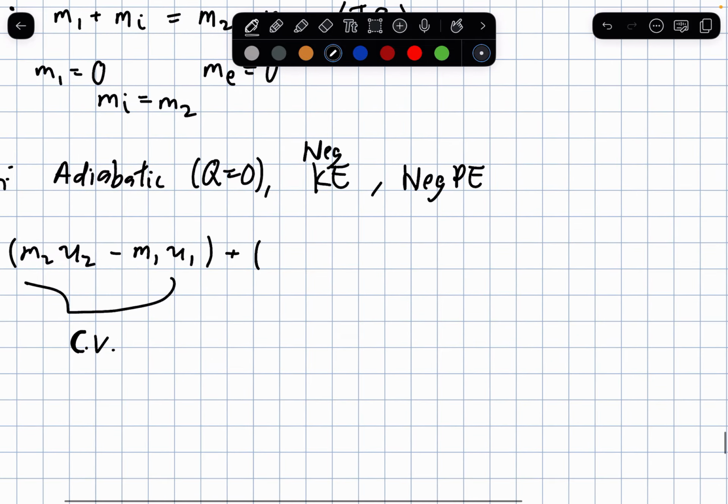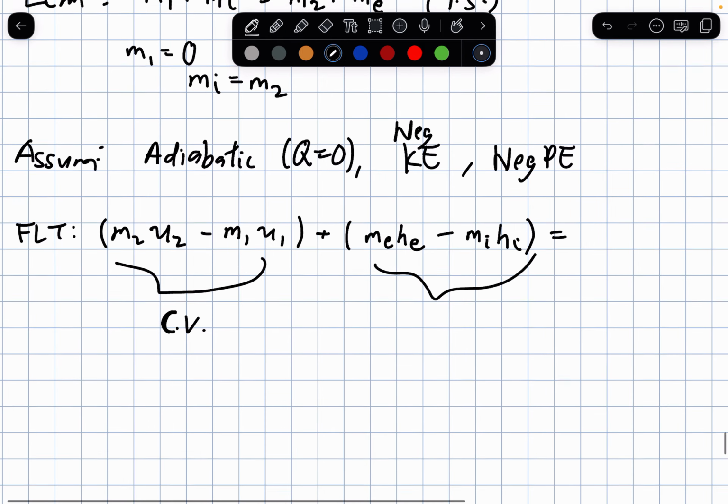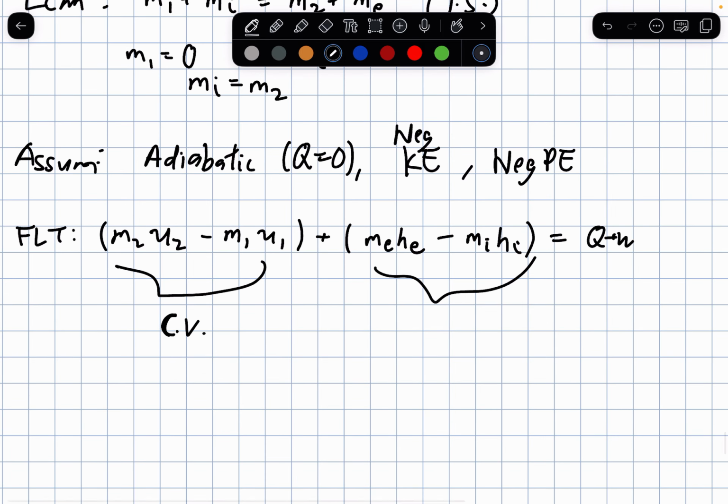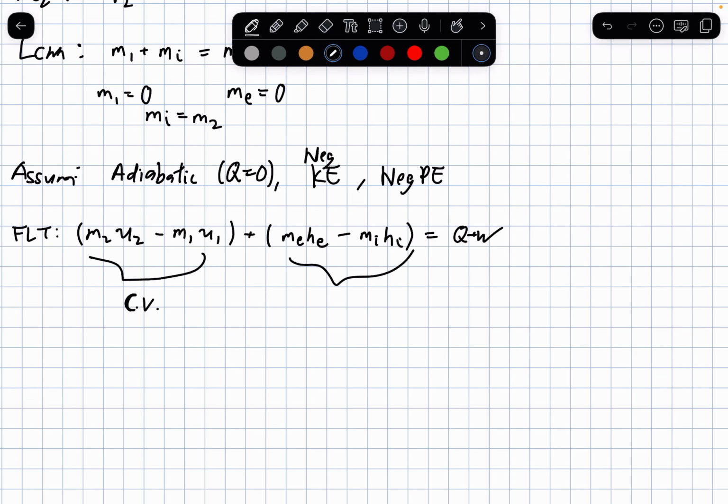That's the closed system part of the process. And then we have the accounting for the input and output streams, Me He minus Mi Hi, equal to Q plus W. Let me just verify that this is correct. Okay, yeah, we got it right.